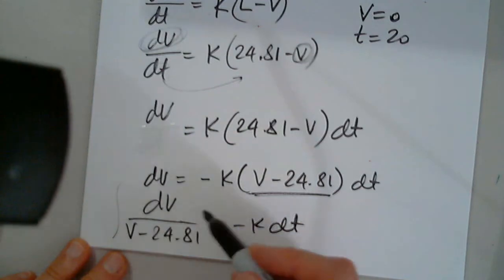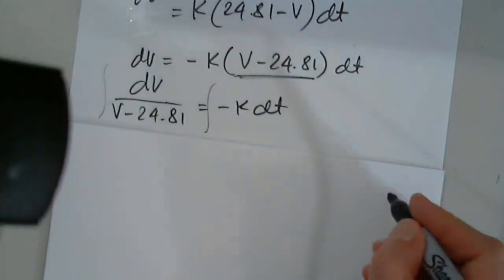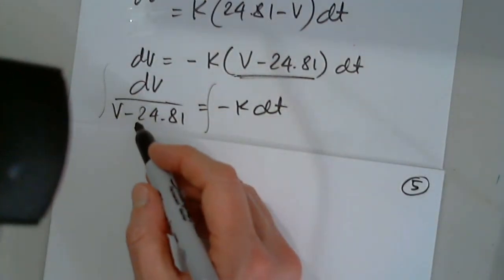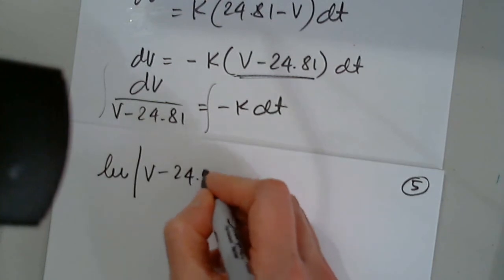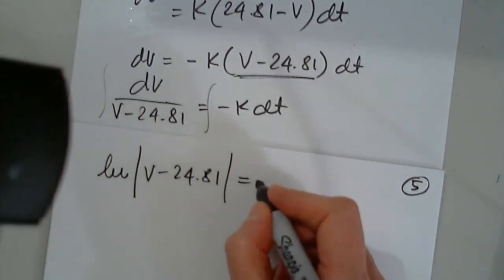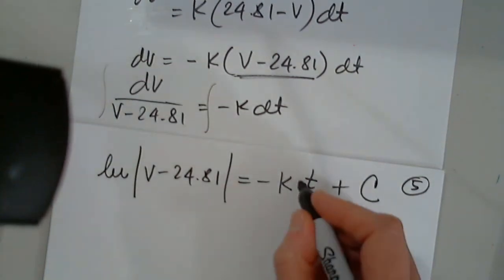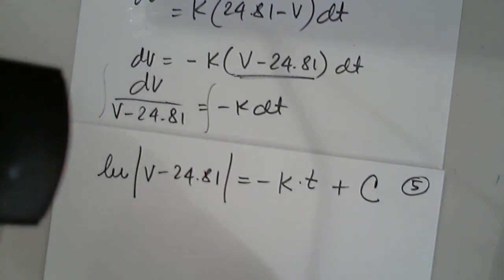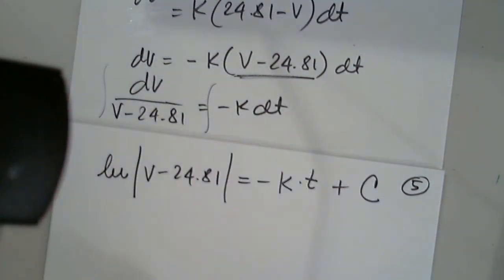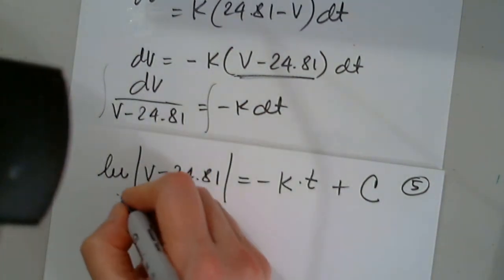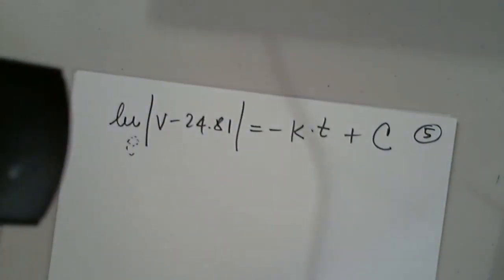Good. So now we integrate. The left-hand side is natural log of |v minus 24.81|. The right-hand side is -kt plus a constant c. If you differentiate this, you get that. You know there is an imaginary e here, as we know, the base of natural log.